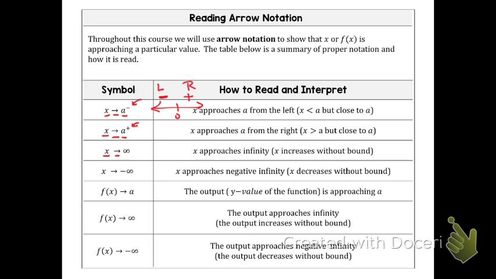Then as x approaches positive infinity, x approaches negative infinity. Then we have f of x is approaching A, or we could say the y value is approaching A, the output is approaching A. Then we have f of x is approaching positive infinity. Again, we could say the output, the y value. And then f of x is approaching negative infinity.